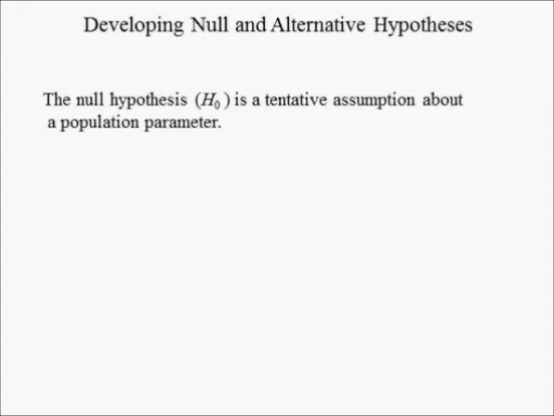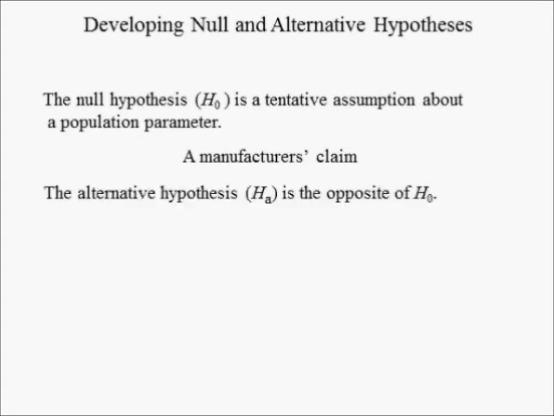The null hypothesis, denoted H0, is a tentative assumption about a population parameter. A manufacturer's claim is formed as a null hypothesis. The alternative hypothesis, denoted HA, is the opposite of the null hypothesis.